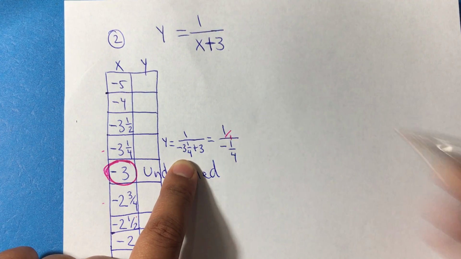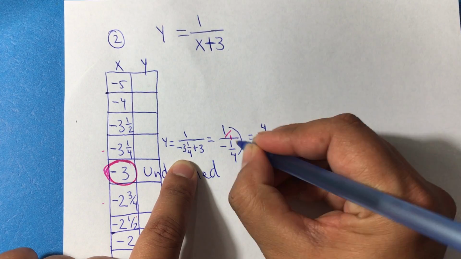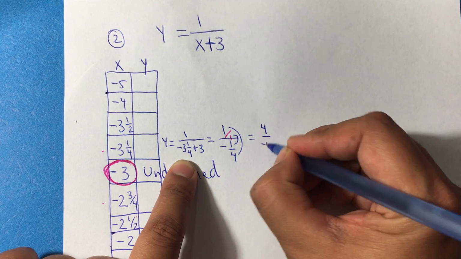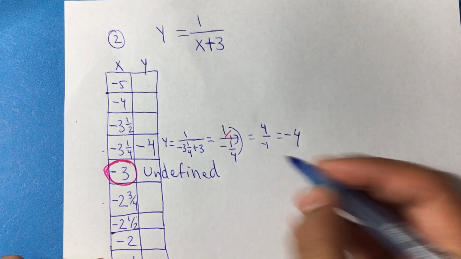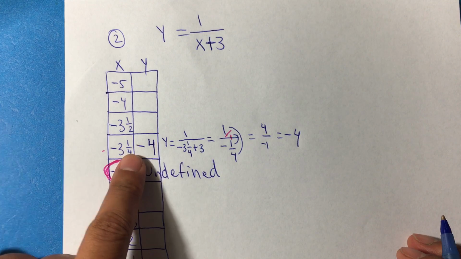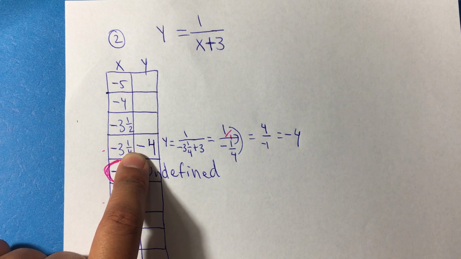And we put it over 1. 1 times 4 is 4. 1 times -1 is -1, which gives me -4. See, those are the numbers that give me really good points closer to that asymptote. That's why I like to use them.